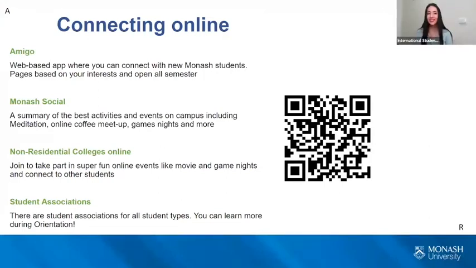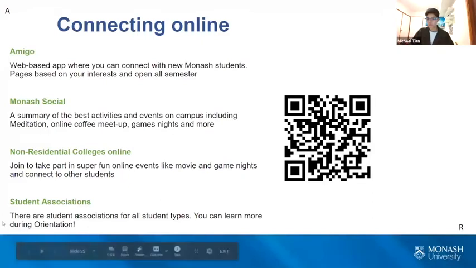I'll invite anyone else if they know anything about these other services to jump in. I'd like to add something about the non-residential colleges, because I'm volunteering in this program as well. I'm the college advisor. It's for those who want to connect with other students while everyone is away from the campus, but don't know where to start. We have some online activities you can be part of, like we can play Jackbox games together, watch movies together, and discuss and engage in online activities.